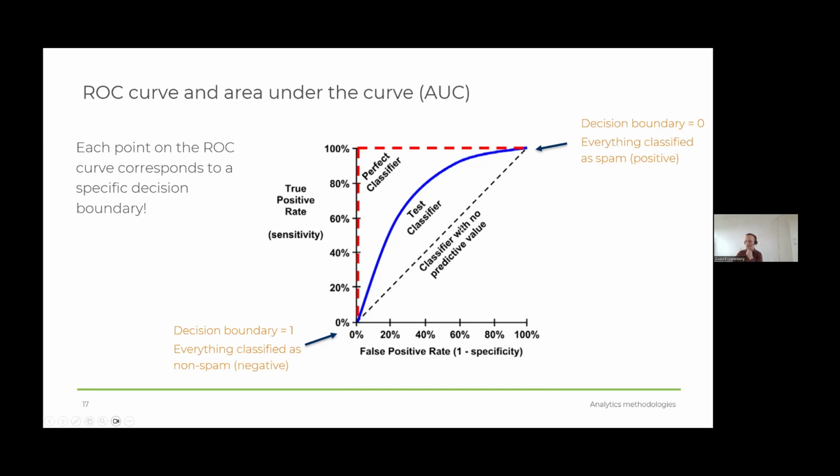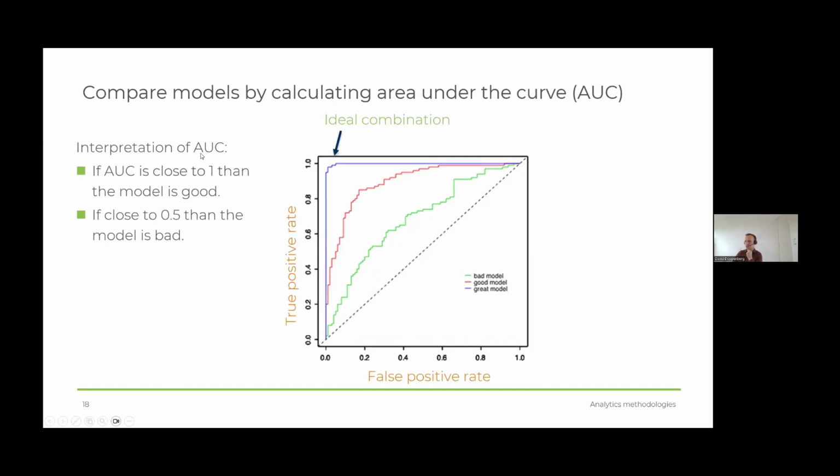And the nice thing, what I was already saying a little bit here, is that this graph can be used to compare models, because the closer this ROC line gets towards the perfect classifier, the better your classifier is performing. So you can do this with the graphical representation, just showing all the ROC curves in one plot. But what you could also do is calculate the area under the curve, and that gives you one value to compare each classifier.